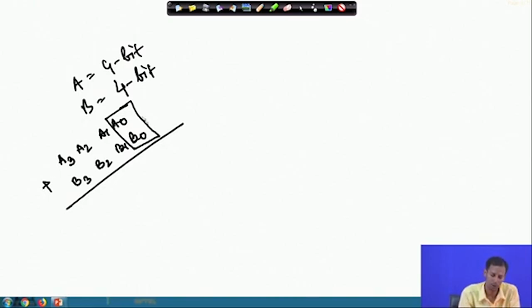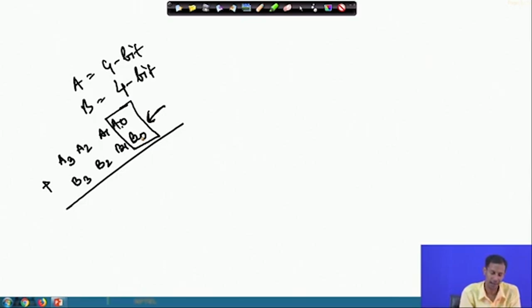Now, if I am considering only these two LSB bit positions, what will happen? This is nothing but a full adder, right. Nothing but a full adder cell means there is no other input affecting this particular logic, so there is only A0 and B0.